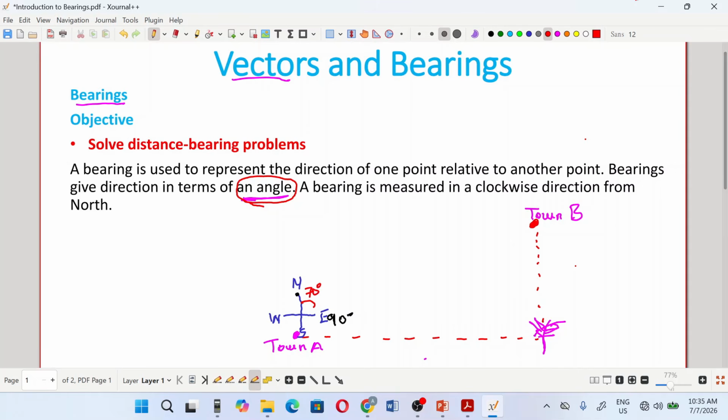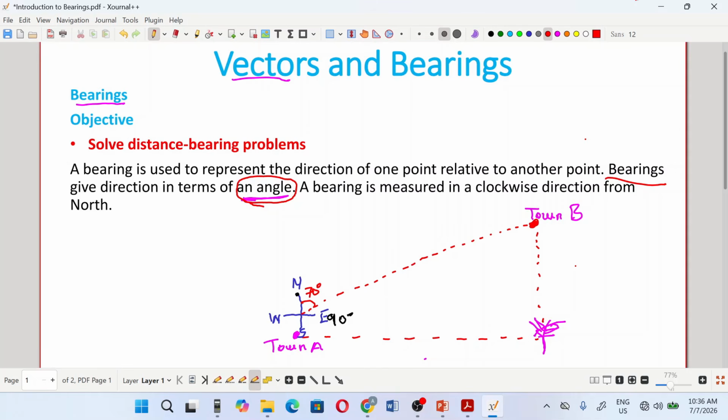So we tell the person to turn 70 degrees and walk straight. If the person turns 70 degrees and walks straight, he is going to get to the same town B. Giving direction with reference to an angle is basically what is called bearing.